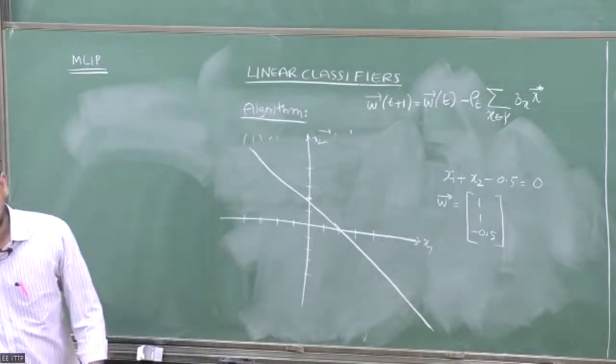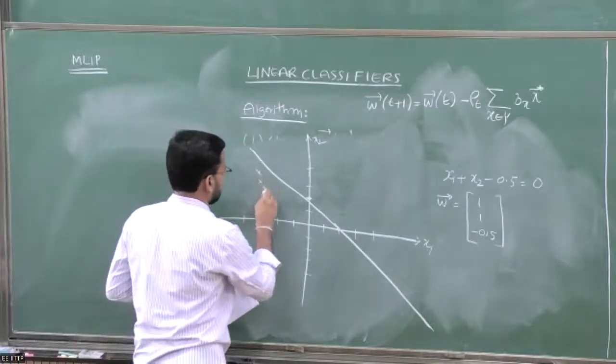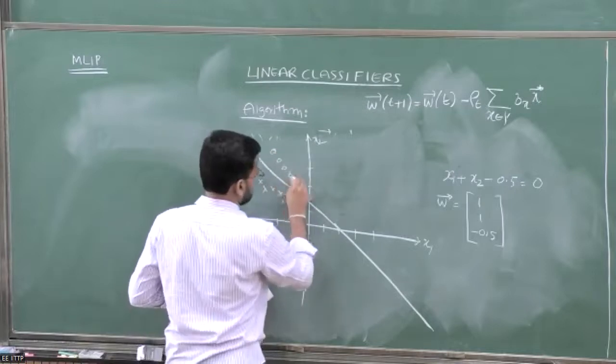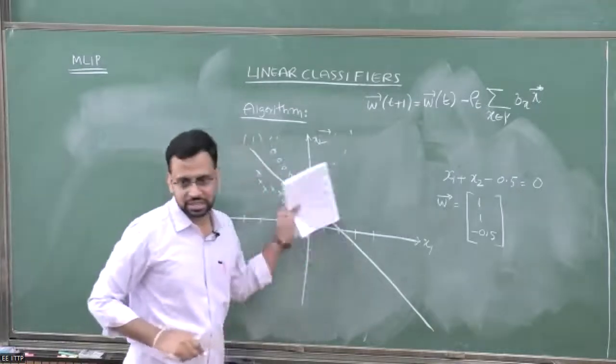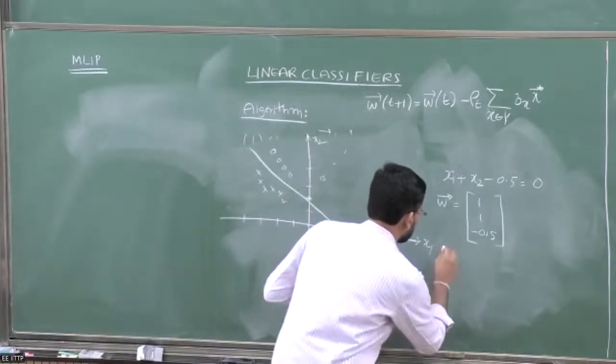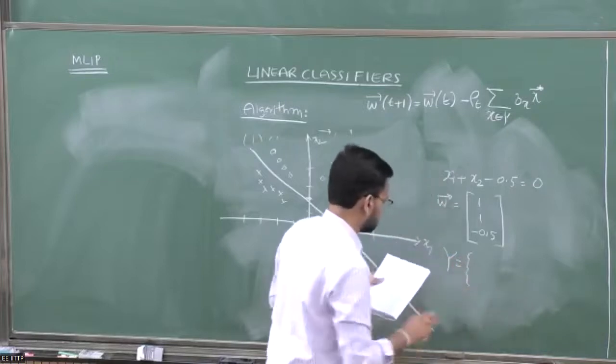Now, you have a lot of points that have been correctly classified on one side here, and on the other side you could have them anywhere. It doesn't really matter. There were two misclassified vectors that were given.